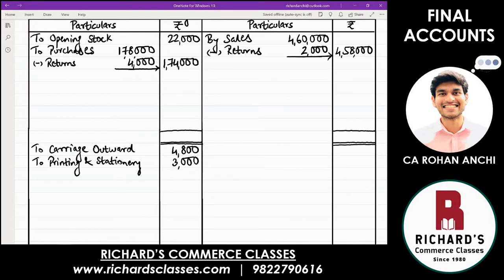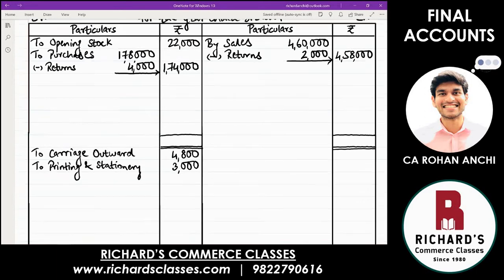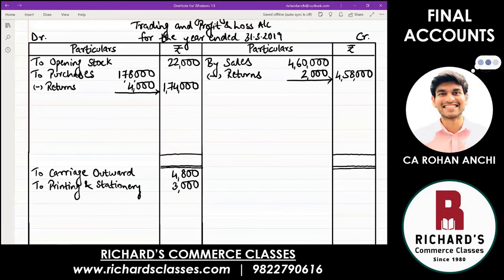Next, wages, that is in trading account. So below purchase and returns, write to wages, but we have a tick mark on wages, that has an adjustment. So inner column 28,000. Below that, leave one line.